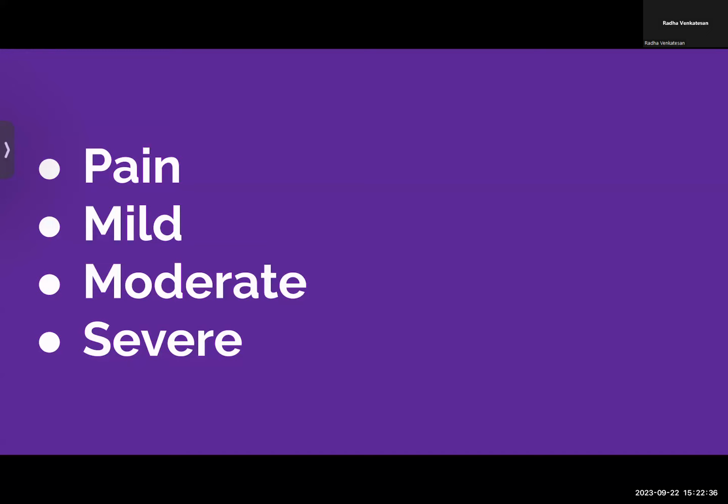If the pain is moderate to severe, you will use step 3. Normally, if the pain is moderate, as I said, you can either use step 2 or combine 1 and 2. If the pain is severe, for example, the patient comes and tells you the pain score is 9 by 10 or 10 by 10, you can skip 1 and 2 and go to step 3.